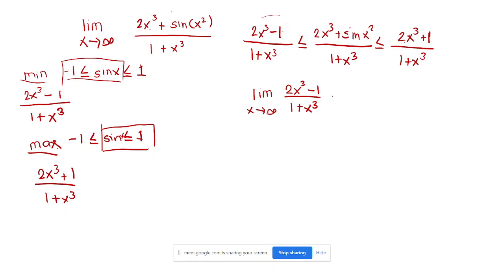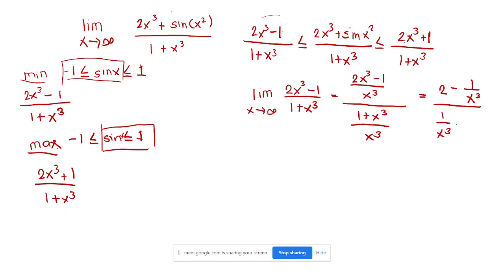What's the answer? We divide by the highest power. What's the highest power here? X cubed. So, 2x cubed minus 1 over x cubed, tapos sa ilalim, 1 plus x cubed over x cubed. Ano na lang matitira ko dito? 2 minus 1 over x cubed over 1 over x cubed plus 1.